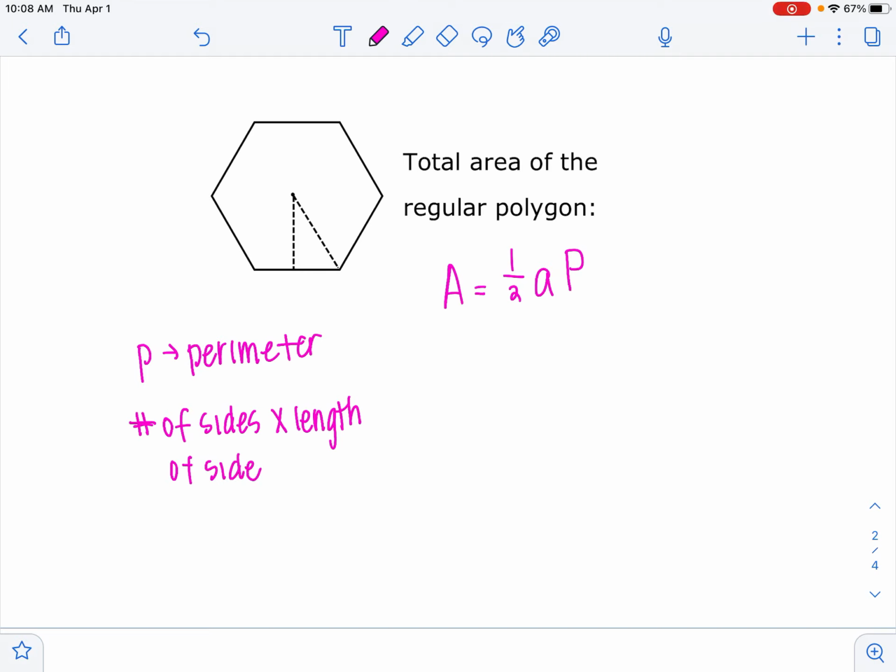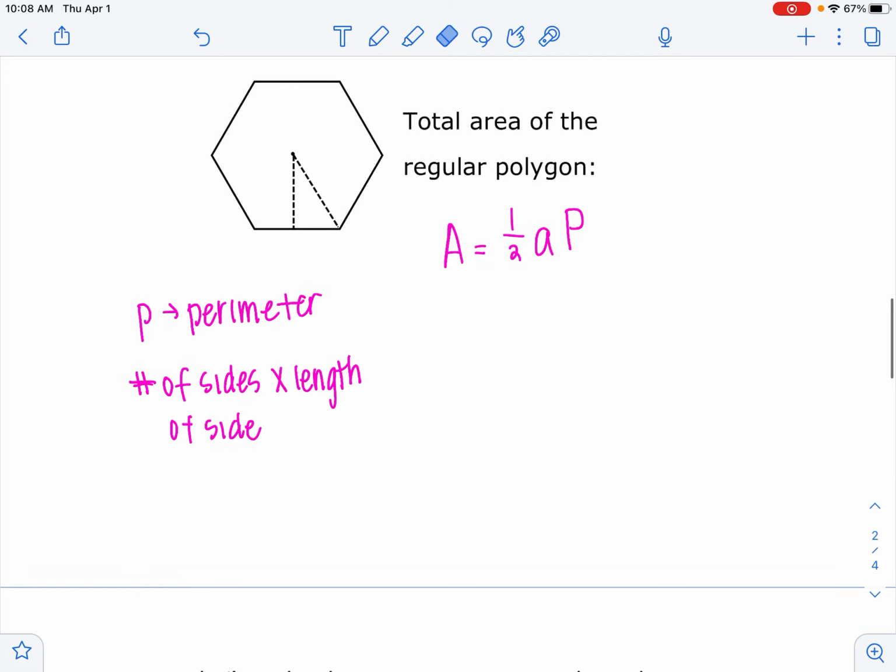So you might be saying, I thought you add up all the sides, but if all of these are 5, 5, 5, 5, 5, 5, I can just take the number of sides, which is 6, and multiply it by 5. That's 30. That's the perimeter of a regular polygon. Okay, so that's our formula, an important formula here. Area equals 1/2 apothem times perimeter.